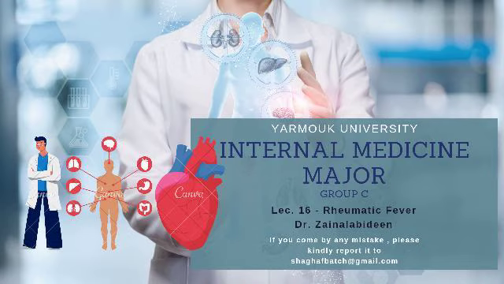Once the person reaches 21 years, that is enough, it is enough to give prophylaxis. But if that patient had an attack in the last 5 years, you have to extend the regimen for more years.